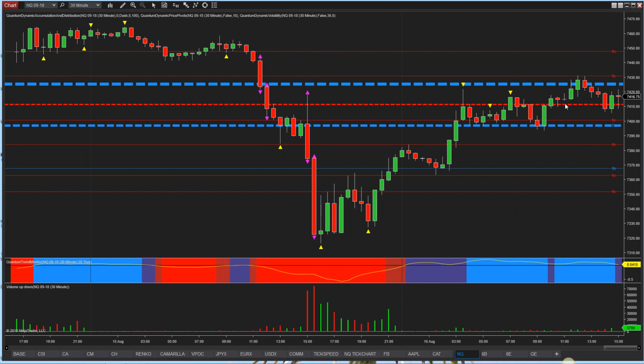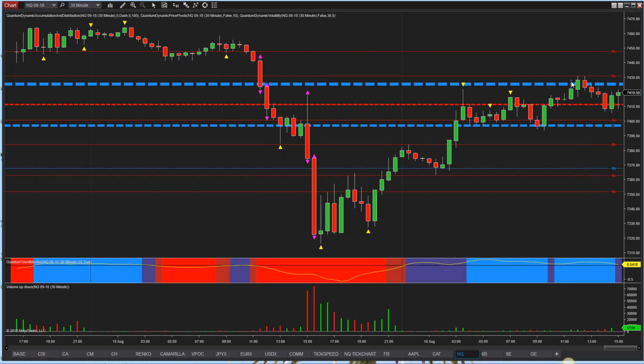And the two obviously then rotate. When you move through them, one becomes support and the other one becomes resistance, in the normal conventional way.